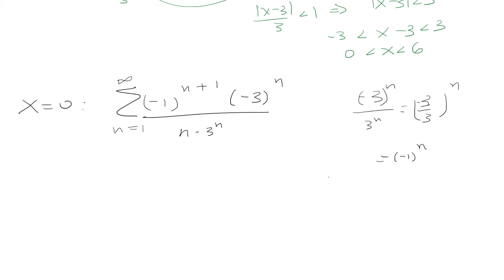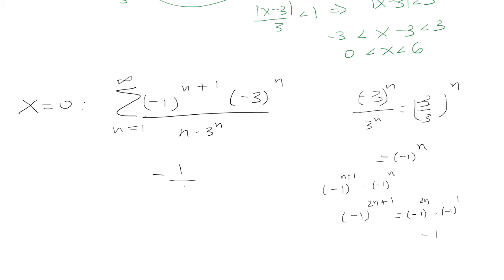Then I'm going to multiply that with negative 1 to the n plus 1. They have the same base, so you just add the exponents. So this is negative 1 to the 2n times negative 1 to the first power. Negative 1 to the 2n is just going to be 1, since the exponent is even. And then you're just left with a negative 1.